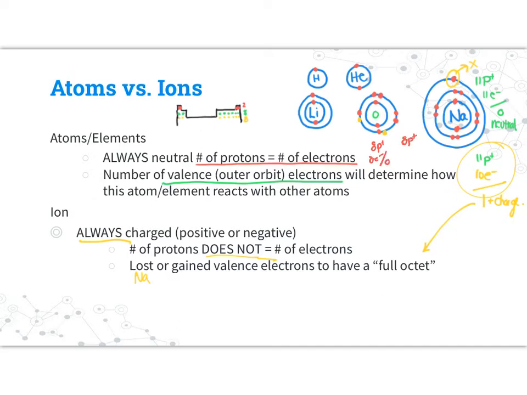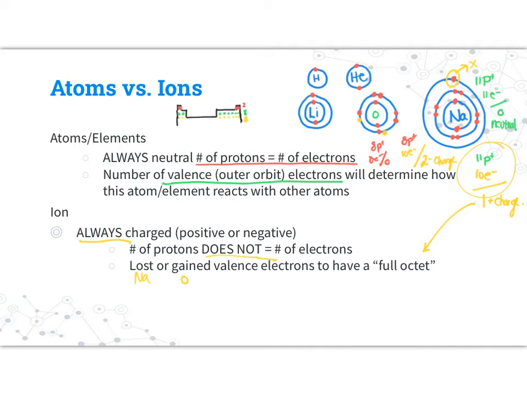But after we've added 2 electrons, it now has 10 electrons. 8 positives and 10 negatives gives it a 2 negative charge. So oxygen gained valence electrons to have a full octet. Okay, octet meaning 8. So we can see that oxygen now has 8 electrons around it.